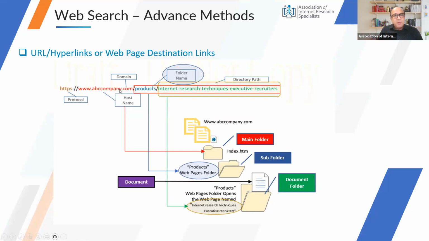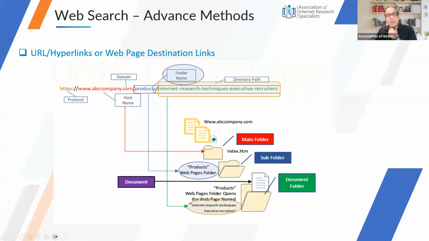So let's suppose abccompany.com is the main folder, and what follows after that is a backslash, and backslash means that it is now taking you to a subfolder of abccompany.com. In this case, what is named as a subfolder is in blue color, it says products. So within abccompany.com, you have a folder called products.